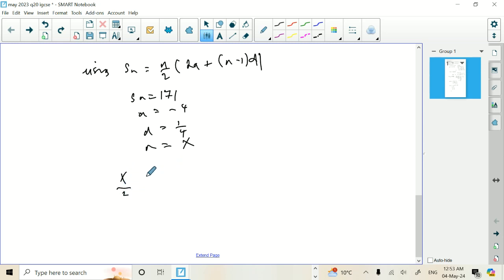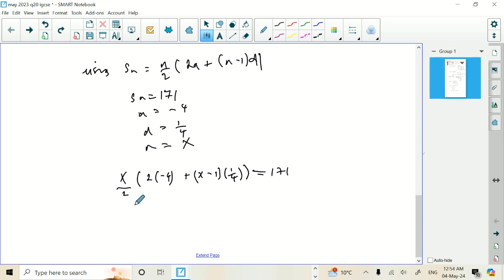And then we have 2a, 2 times minus 4, plus (n minus 1)d. So plus, and then we've got (x minus 1), and I've got to write a large X, minus 1. And d, we know that to be 1/4. So we're just substituting values in, and I've got to put another bracket, and all of that is equal to 171.